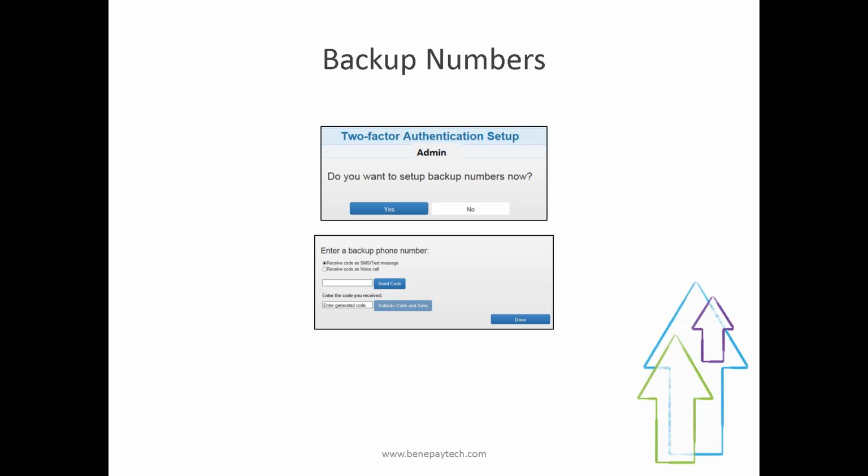Enter the number in the box provided. When you click Send Code, you will receive either a text or voice call similar to setting up your primary method. You enter the number you receive in the box and select Validate and Save. When you have entered all of the backup numbers you wish to enter, select Done.